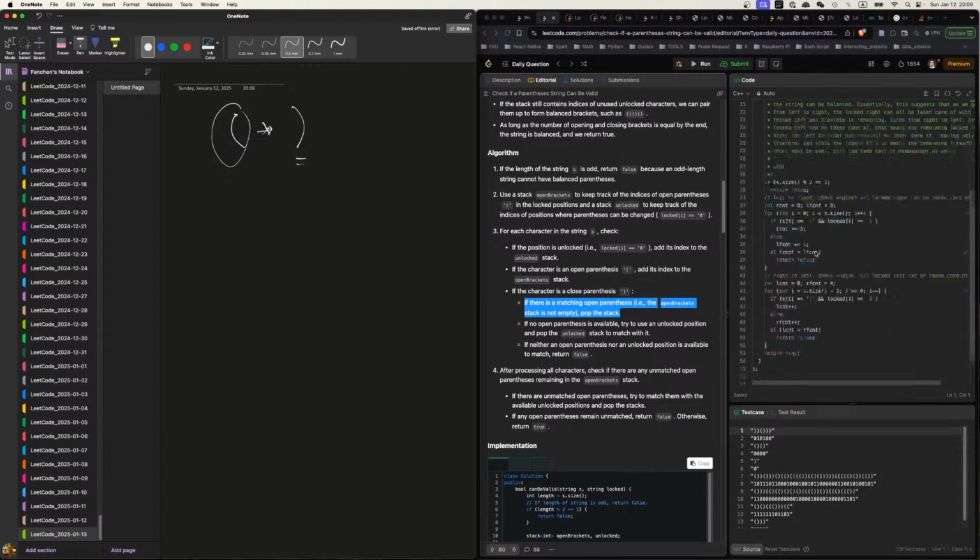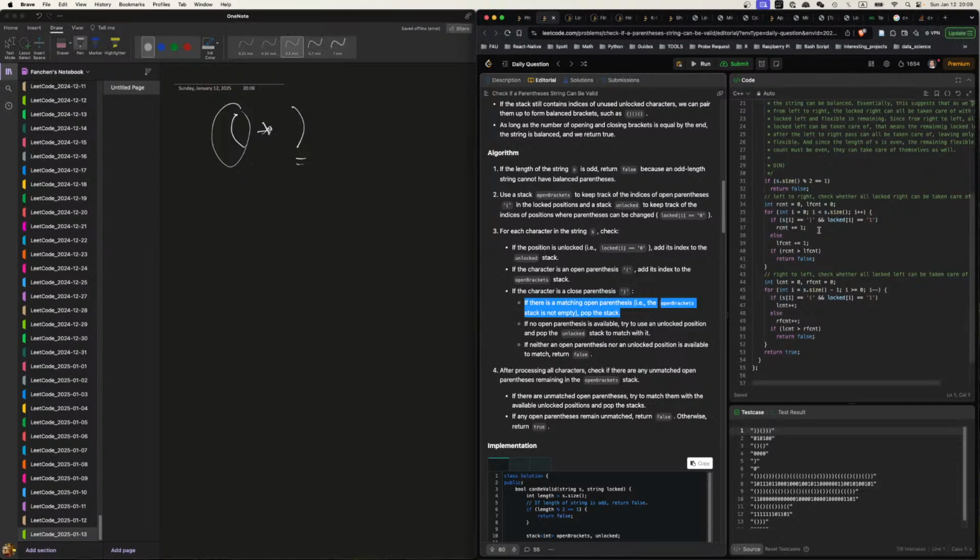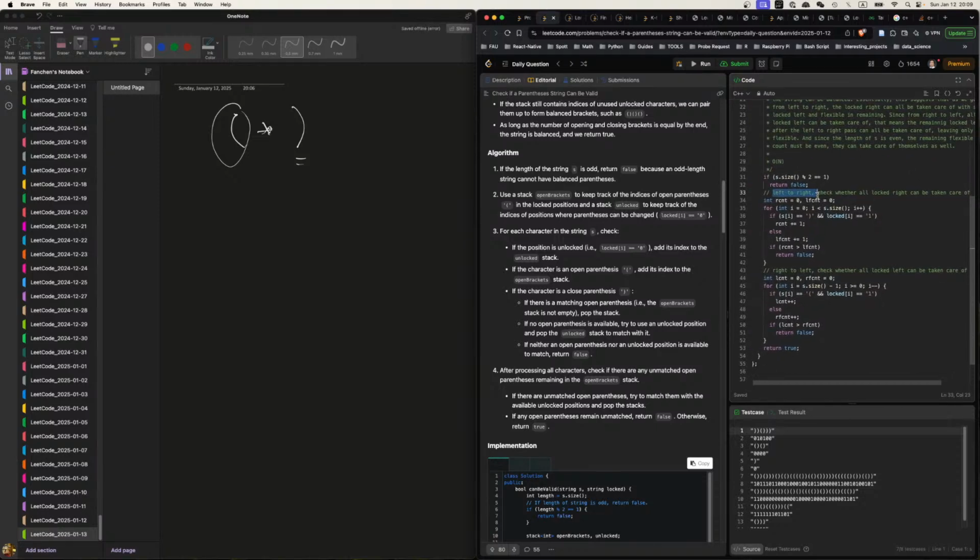So eventually, the method I use is actually very simple. We do two passes, left to right, and I will check if all the locked right can be taken care of, right? So basically, we will count the right, and I will count the locked and flexible, the left and the flexible, because both can be used to balance the right. So as long as we go through S, as long as all the right can be handled, that means left to right, we're good.